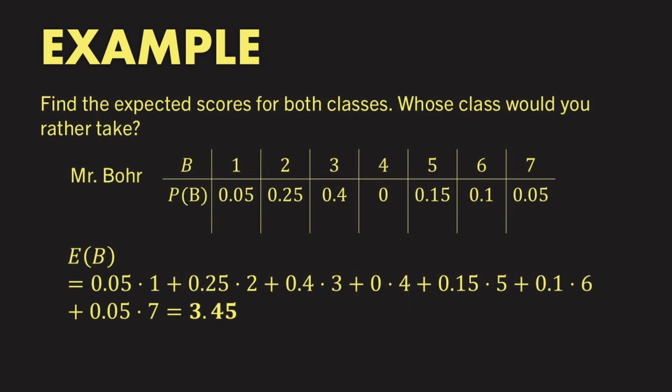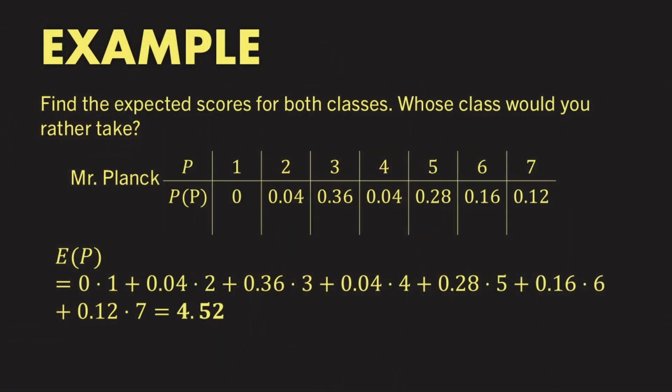So for Mr. Bohr, what we're going to do is calculate the expected value. That means that we're going to multiply each of the results, each of the grades that the student has got, times the probability of getting it, and then adding everything. And that gives you 3.45. So a student taking Mr. Bohr's class can expect to get an average of 3.45 in the grade.